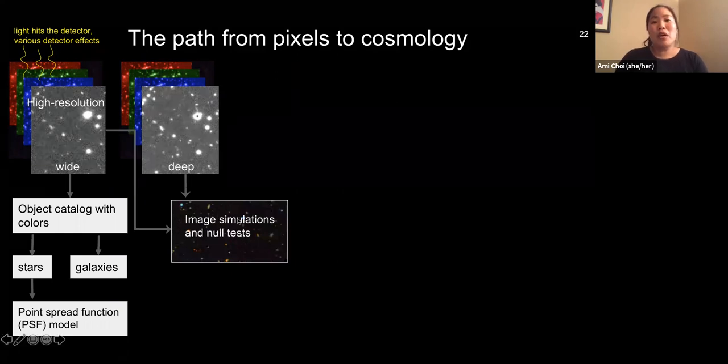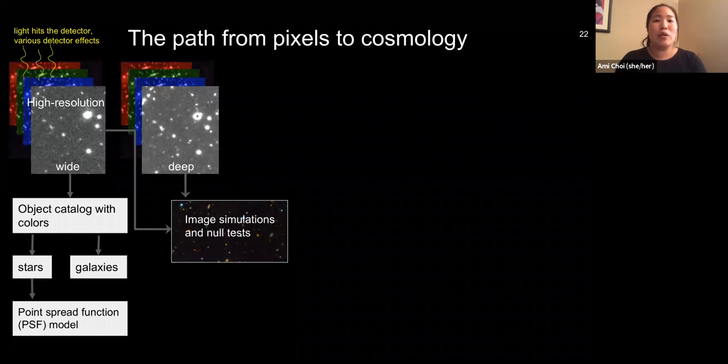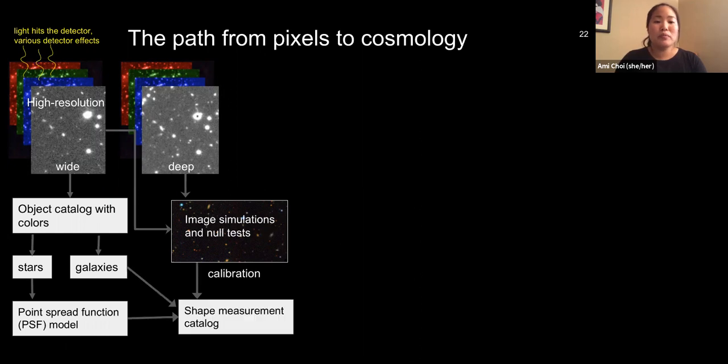We also want to run simulations testing the process and how we measure the shapes and get some calibration information, and also run all of the catalogs through some null tests. And applying the calibration from there, we end up with a shape measurement catalog. So for DES, we have shapes for over 100 million galaxies.